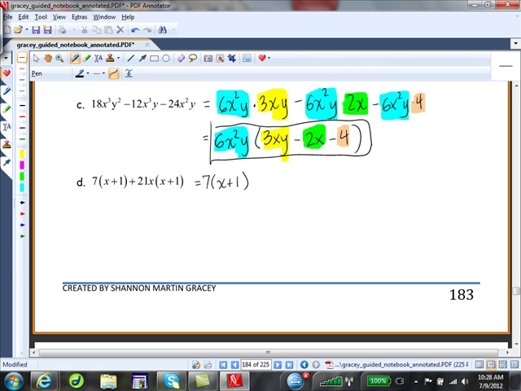And so here, the GCF is actually 7 times x plus 1. There's my 7. Now, I need to multiply this times 1 to get my first term back. And you have to be careful about that, because that's where a lot of people have trouble.